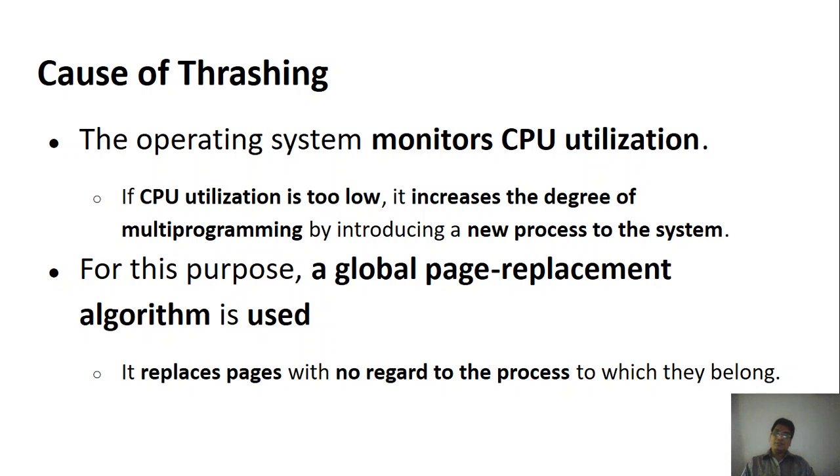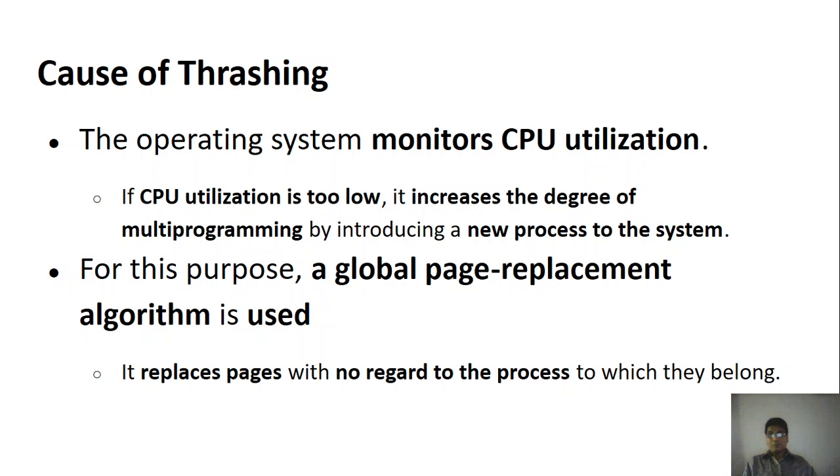The operating system always tries to monitor the CPU utilization. If there is low CPU utilization, in a multi-programming environment the operating system will try to introduce more processes and increase the degree of multi-programming.